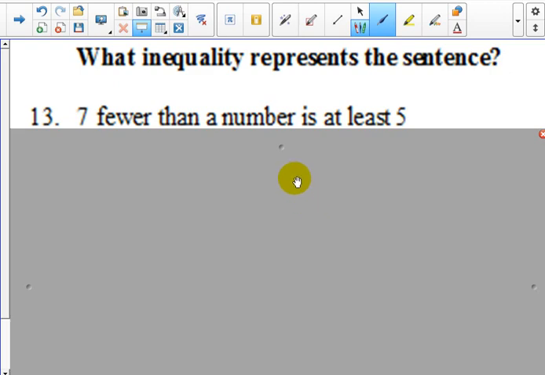Our next problem, number 13, says, what inequality represents this sentence? So we're writing an inequality. That means it's going to have the symbols greater than or equal to, less than or equal to, or not equal. So 7 fewer than a number is at least 5.